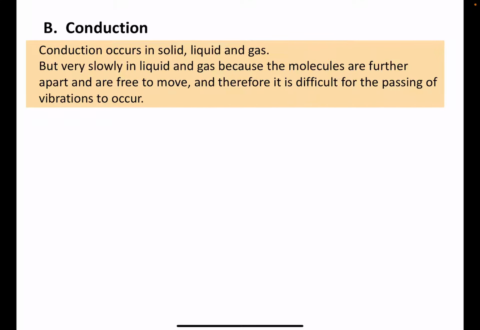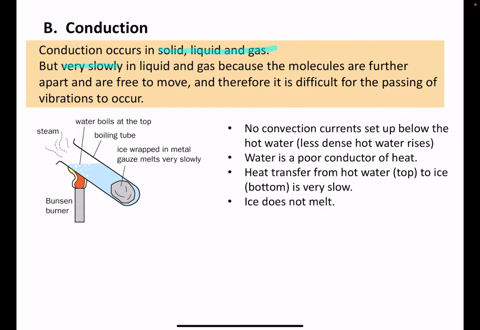So conduction occurs in solid, liquid, and gases, but very slowly in liquid and gas because the molecules are further apart and they are free to move, and therefore it is difficult for the passing of vibrations to occur. So for example, here at the top of the test tube, the water is boiling, but the ice remains solid, it doesn't melt.